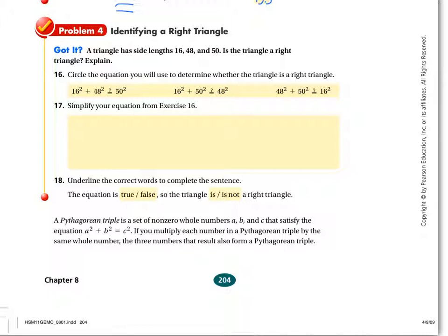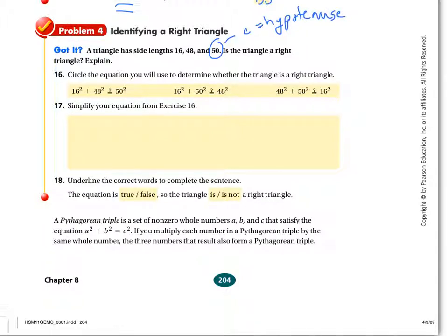Does everybody agree that it's the first? Yes or no? Well, which is the longest side out of the 16, the 48, and the 50? The 50. You always want to identify that longest side because this is c, which is the hypotenuse. It doesn't matter which is a and b, but it really matters which is c.